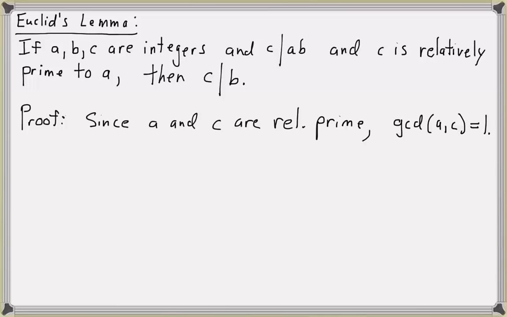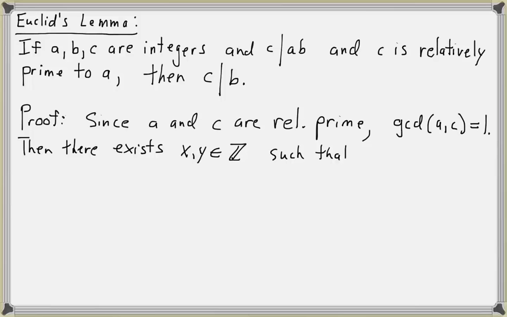But then there must exist integers x and y such that ax plus cy equals 1. So I can find a linear combination of a and c that equals 1.